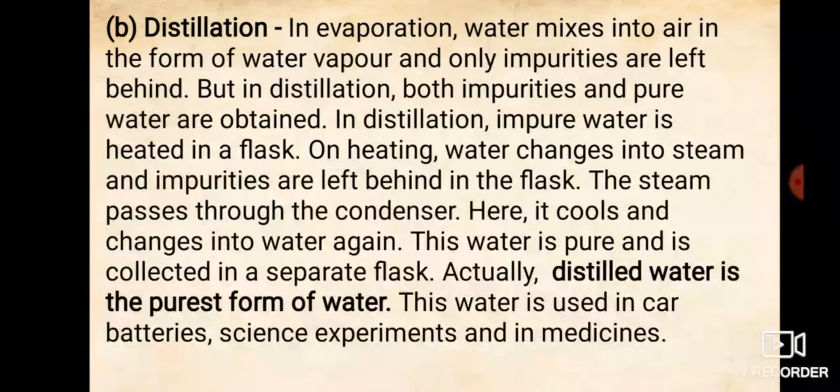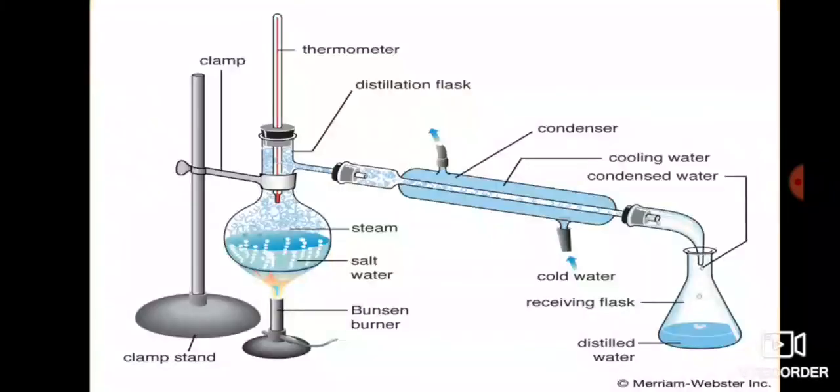The steam passes through the condenser. Here it cools and changes into water again. This water is pure and is collected in a separate flask. Actually, distilled water is the purest form of water. This water is used in car batteries, science experiments, and in medicines.